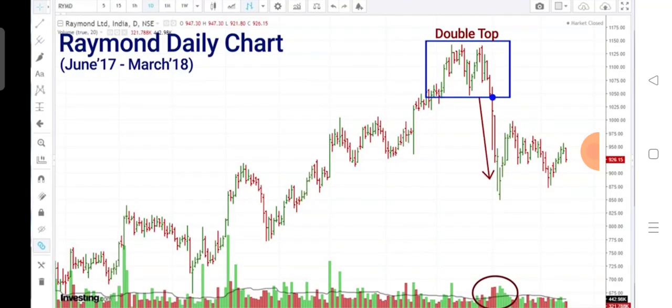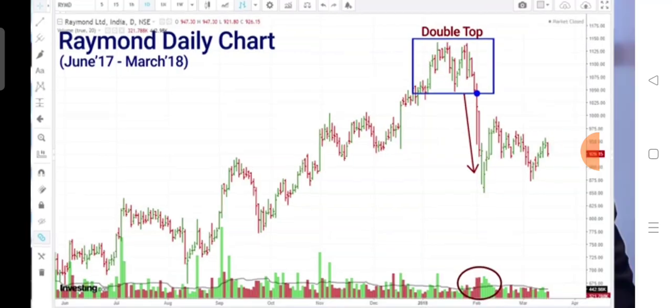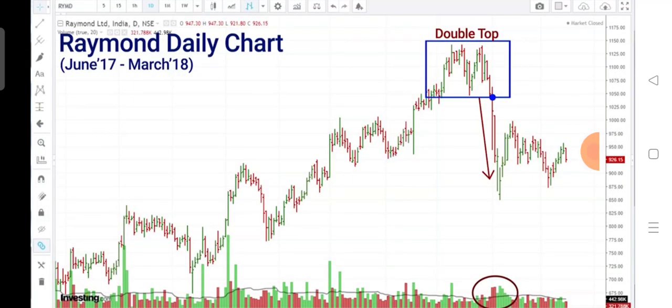So we could understand that if at the breach of the double top there is higher volume, then we can be assured that the down move that is unfolding can be sustainable. And see, from 1050 it went to 825 in a small bit of time, much higher than the ideal 1:1 target of the double top.